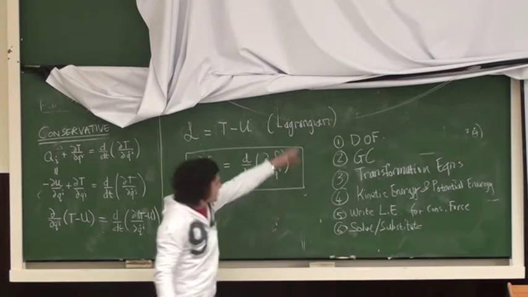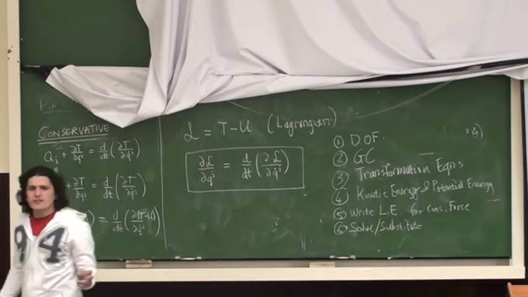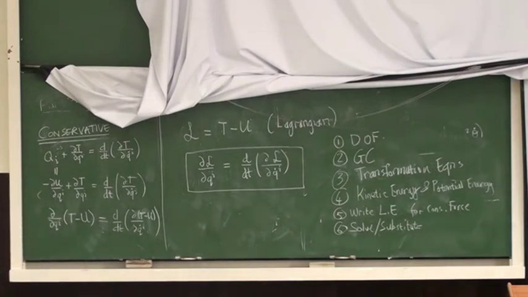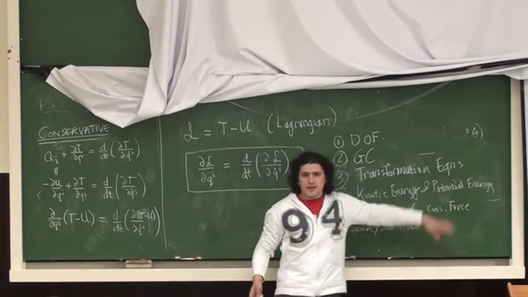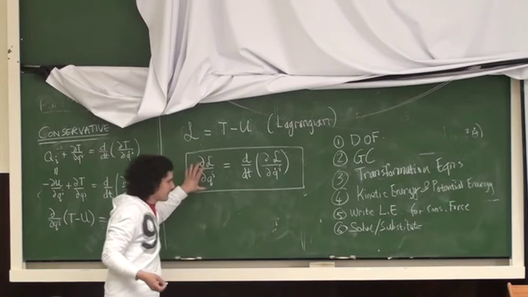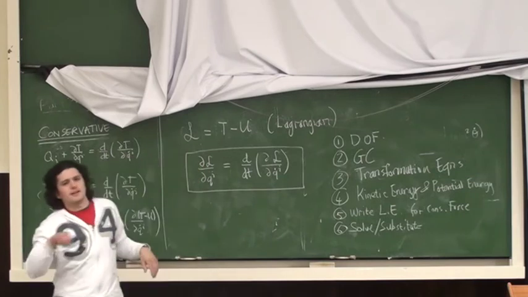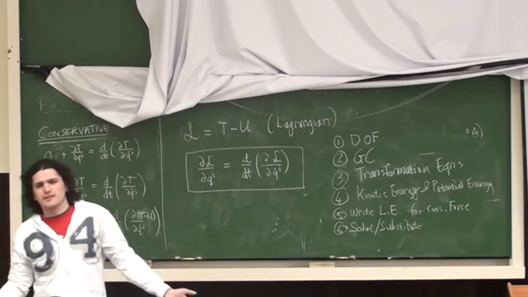So our algorithm is roughly the same. The only difference is that instead of computing generalized components of force, we now simply compute a kinetic energy and a potential energy. And then we substitute everything into here and turn the handle, and out pops the equation of motion.